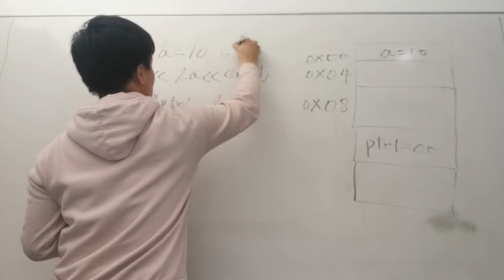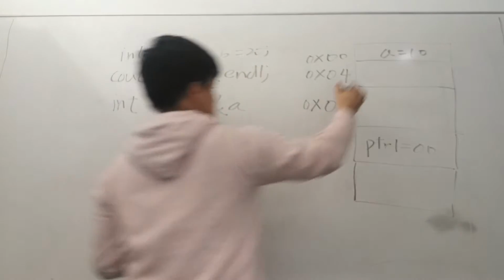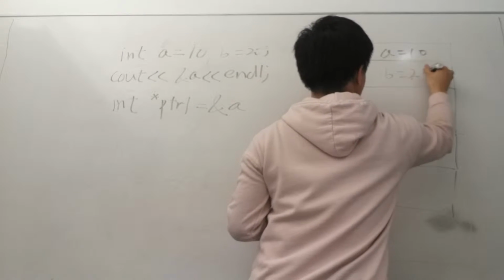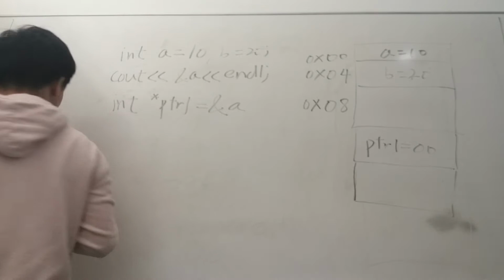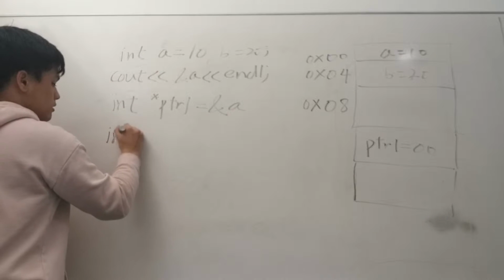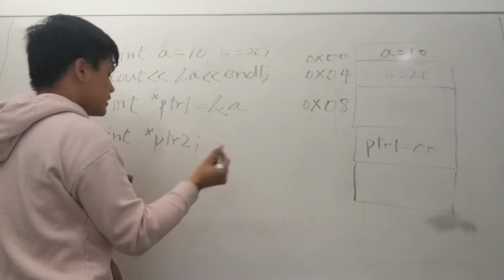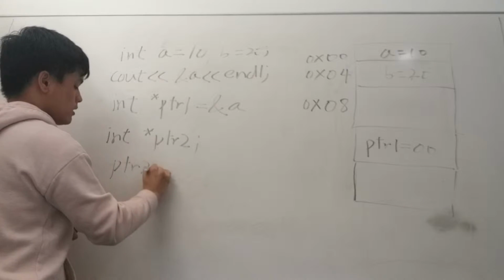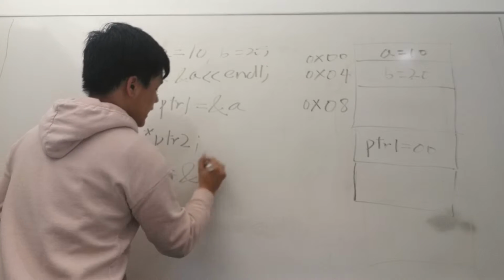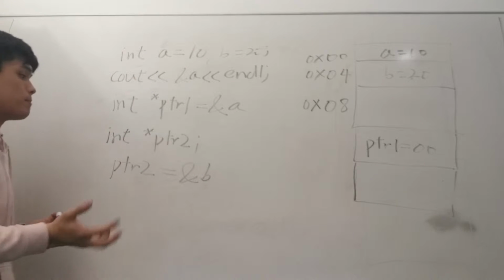Okay, assume we have another variable called b, and it sits here in the memory, and the value is 20. Another way I can define a pointer is to define an integer pointer first, and I just define it, and I set the value to the address of the object b.